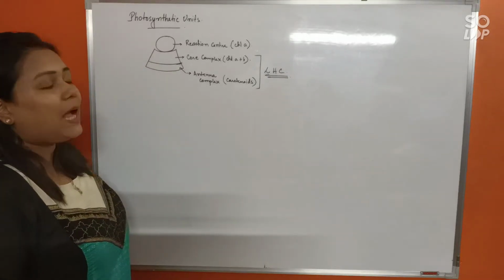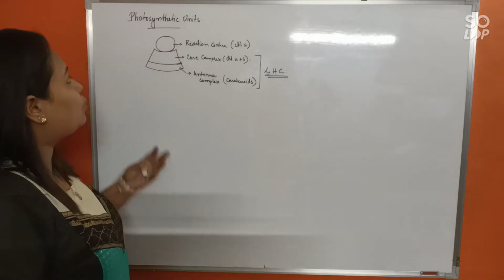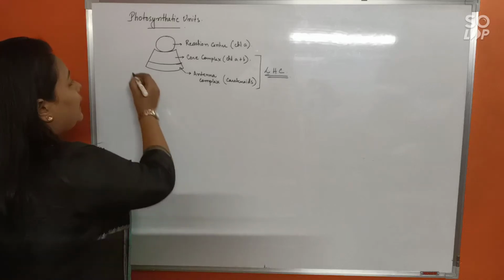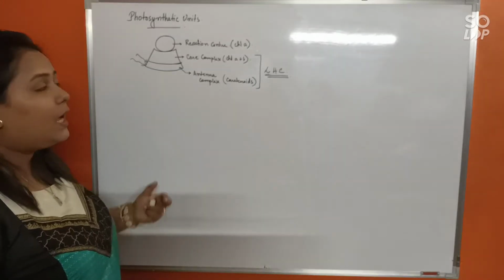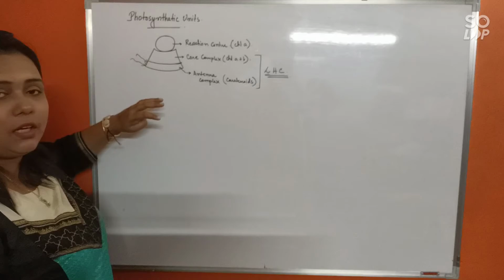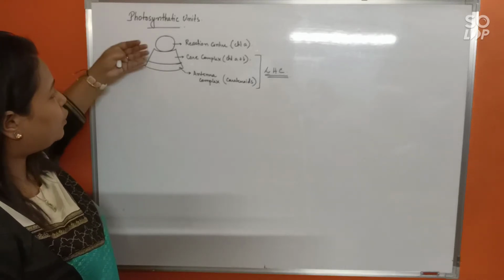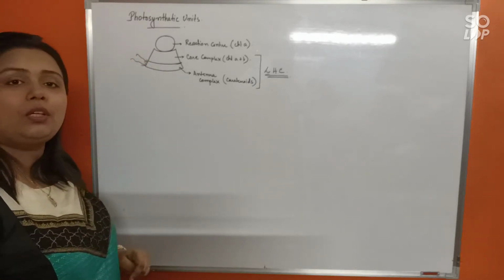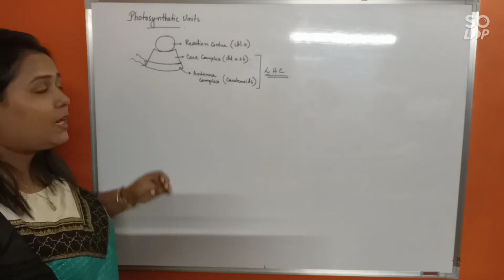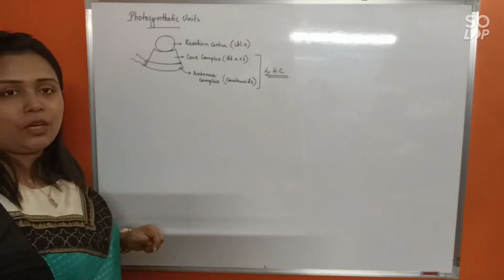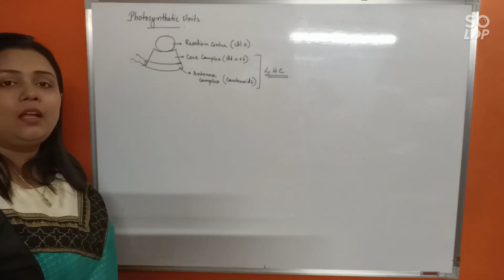So what actually will happen in the photosynthetic unit, when sunlight falls on it, at first the antenna complex will absorb the light, and by resonance it will get excited and it will pass on the energy to the core complex. Similarly, the core complex will also get excited and will pass on the energy by resonance to the reaction center.